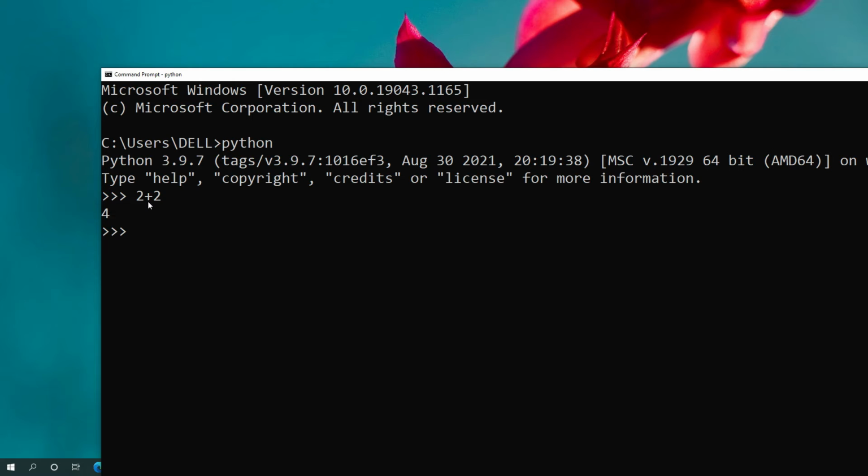And one thing we should also know is that expressions, all of them, evaluate down to a single value. As you can see here, 2 plus 2 gives us 4. So they evaluate to a single value. For instance, if I key in 5 plus 7, this expression is going to evaluate into a single value, and the value is 12. So this is what expressions are.